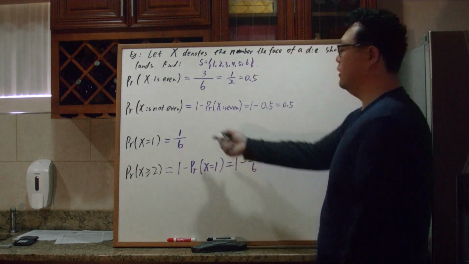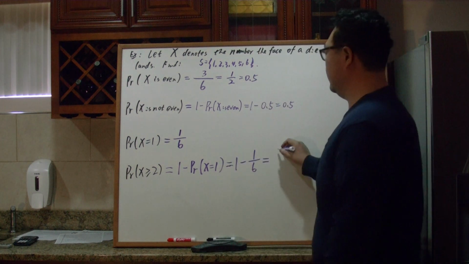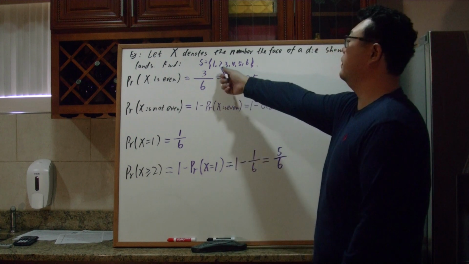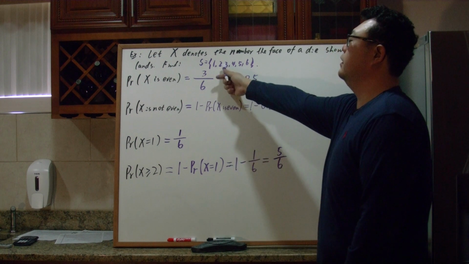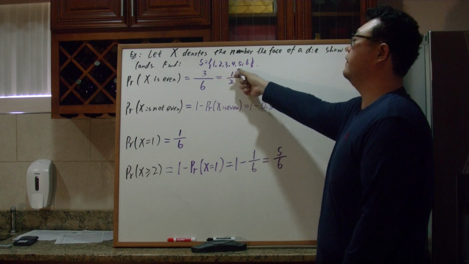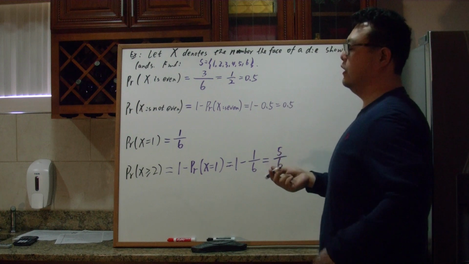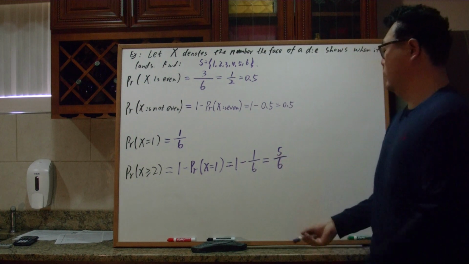One minus the result we found already, 1/6, is 5/6. If you observe the original sample space to be 2 or more, that's 2, 3, 4, 5, 6. That can also be seen as 5/6.